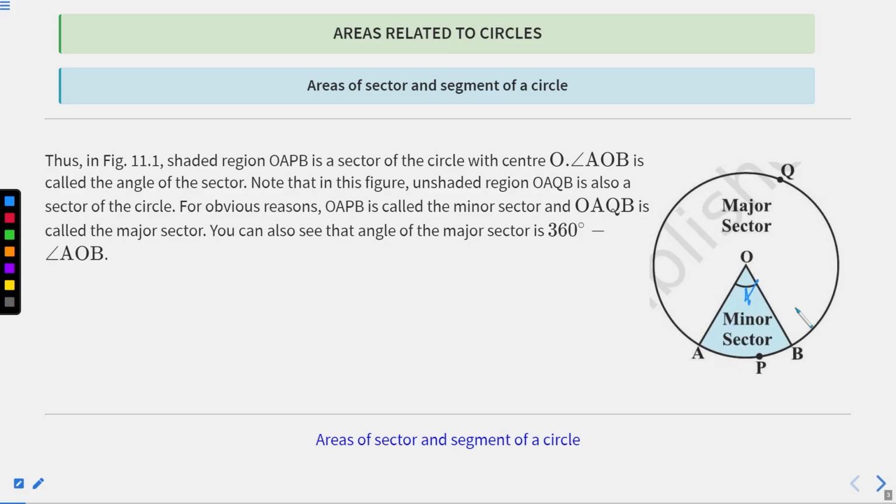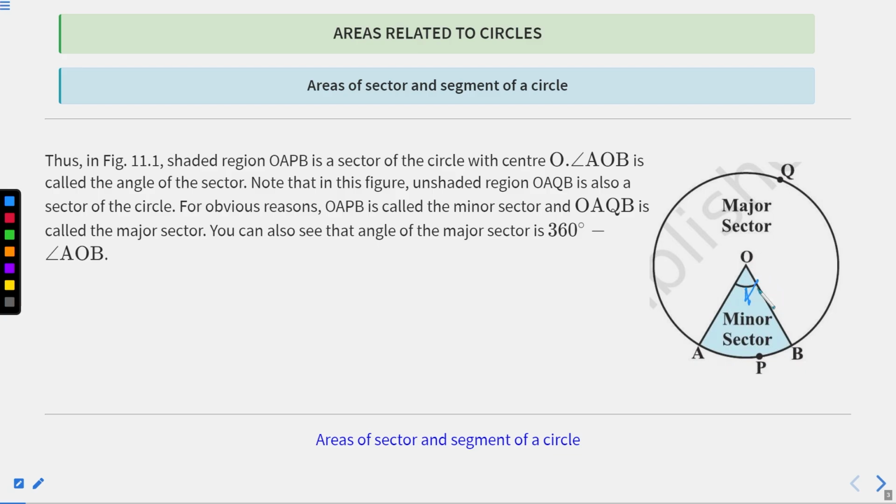Now you can see that this angle is called the angle of the sector, so what is the angle of the major sector? We already know that the total angle around the center of a circle is 360 degrees.